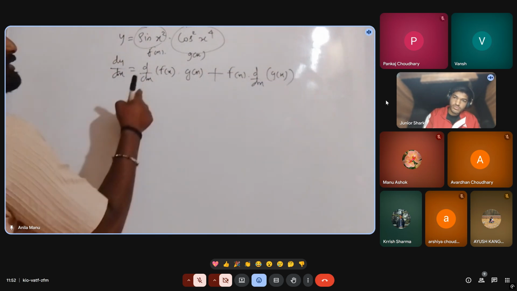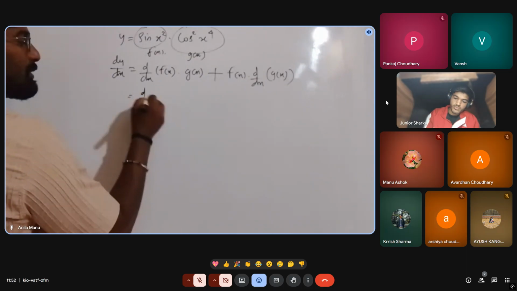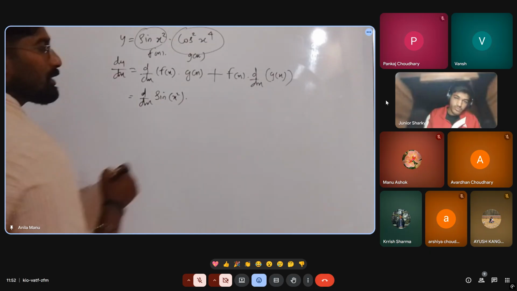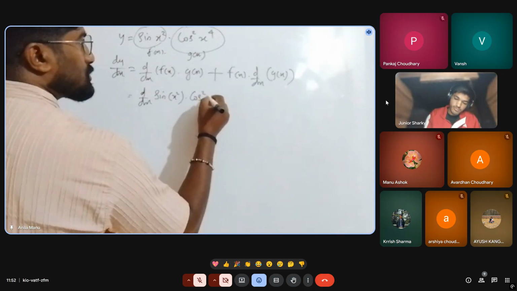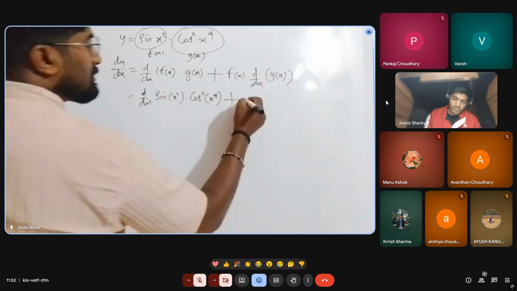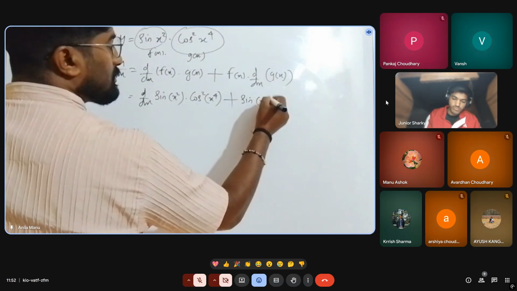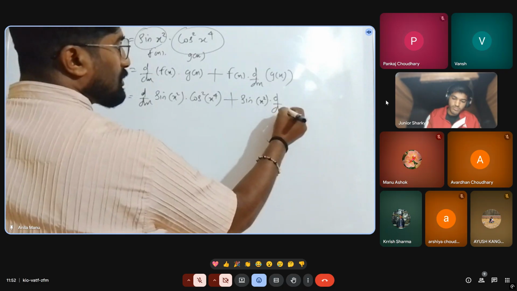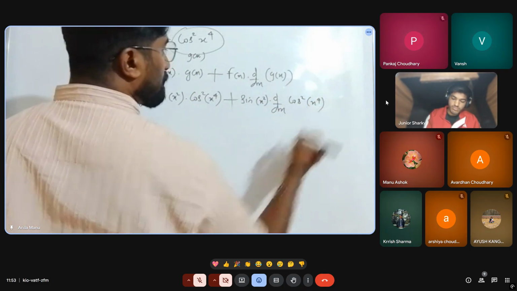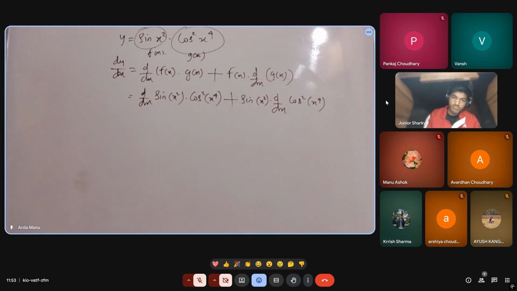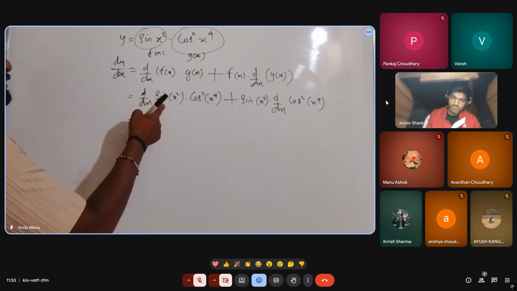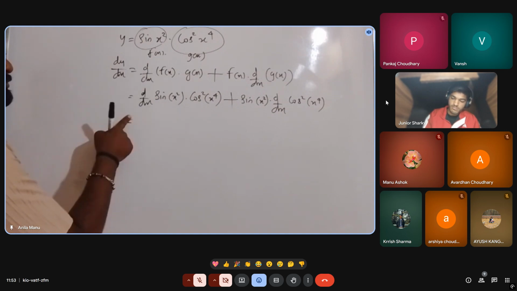The derivative of the first function, that is d by dx of sine x square, multiplied with the second function, cos square x raised to 4, plus the first function sine x square into d by dx of the second function g of x, cos square x raised to 4. Clear?